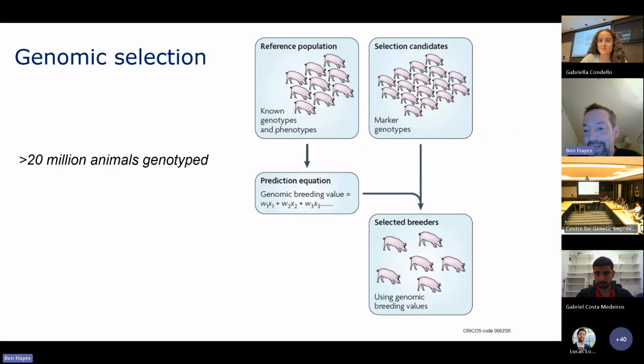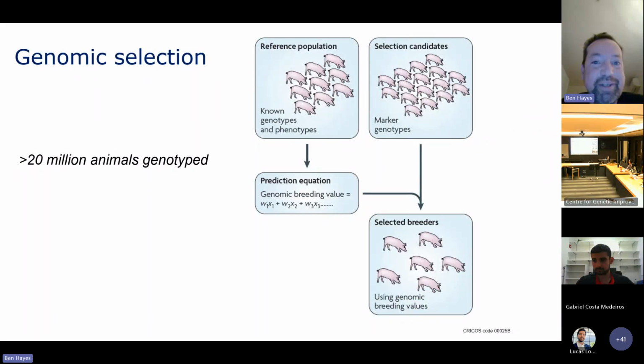So most of you, I assume, have heard about genomic selection. And today I'm going to discuss a different way of using all the data that we've accumulated with genomic selection.